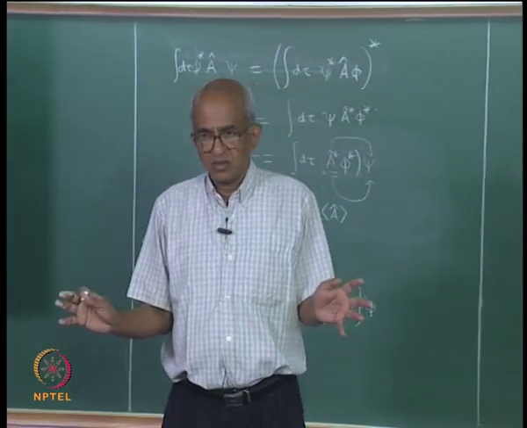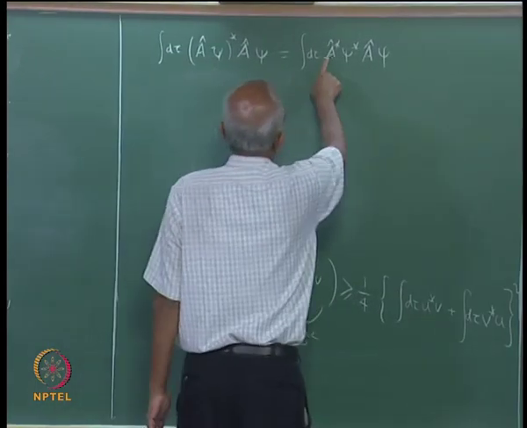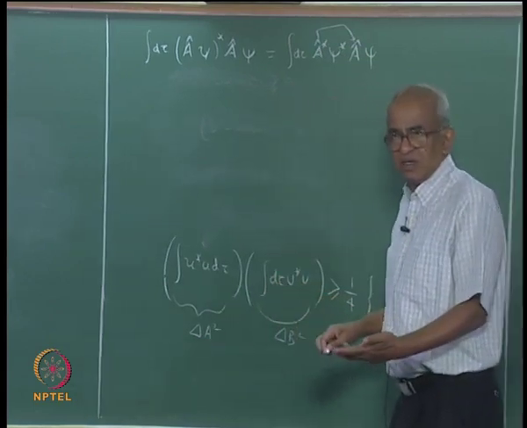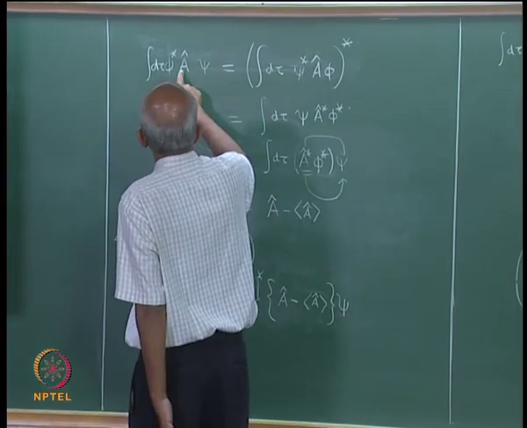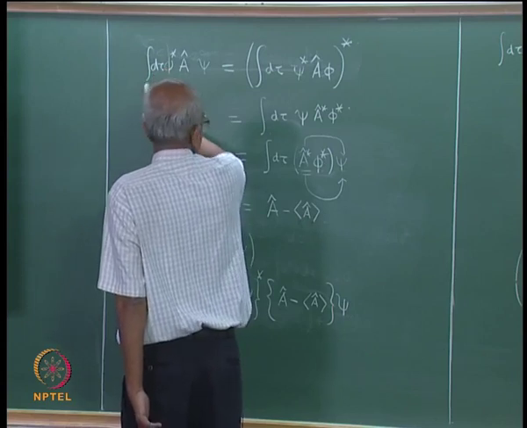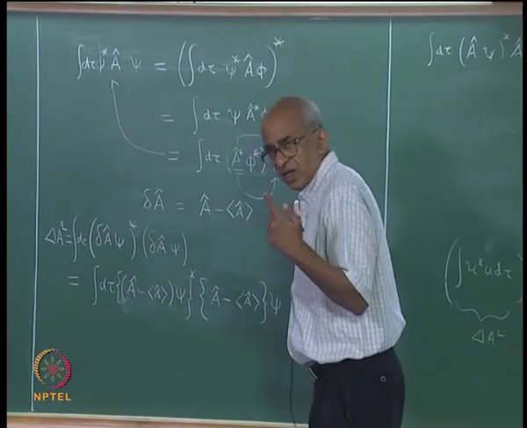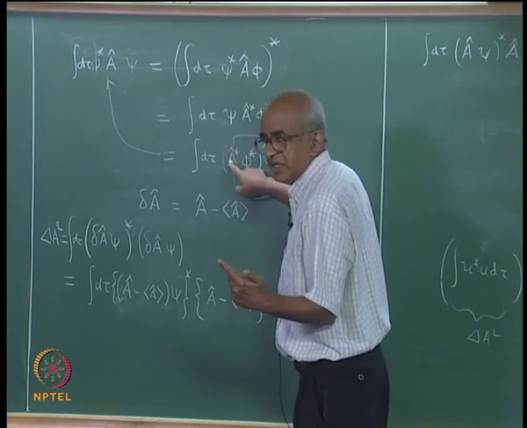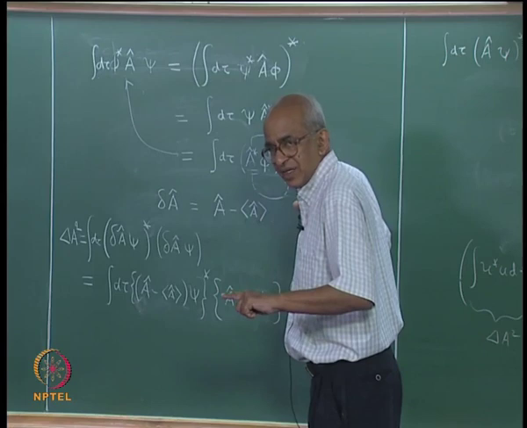right, straightforward step. But then I have already told you that if I had A star operating here, I can actually allow this to be transferred there in general, because you look at what I have done here, for any arbitrary psi, if I had A operating upon psi multiplied by phi star integrated over d tau, the answer is equal to this expression. And therefore, if I had an A star here, that A star can be transferred to psi, but the only thing is that in that transfer process A star becomes A, that is all.